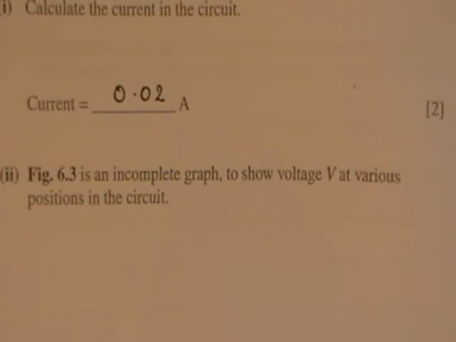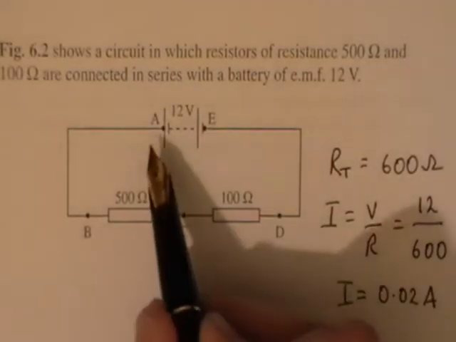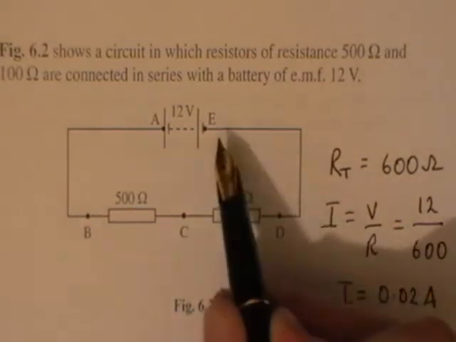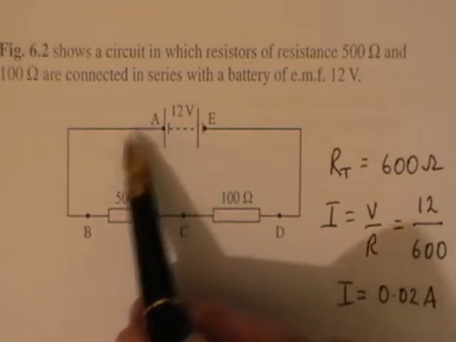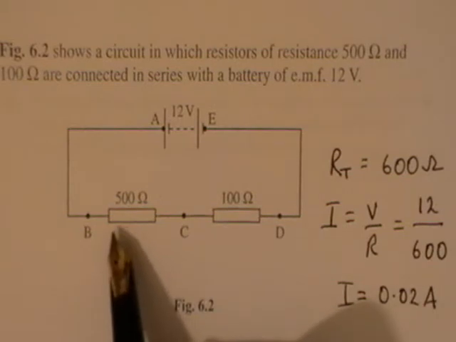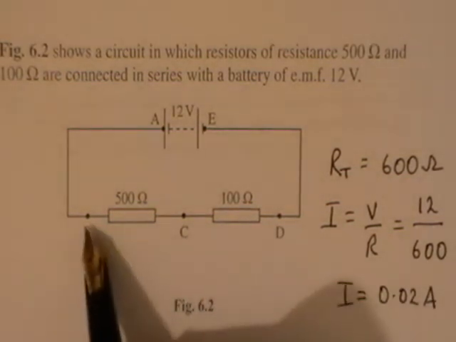Figure 6.3 is an incomplete graph to show the voltage V at various points in that circuit. We're starting at point A, then going around to B, through C, through D, and then back to E. With a current of 0.02 amps, we have a drop across the resistors.